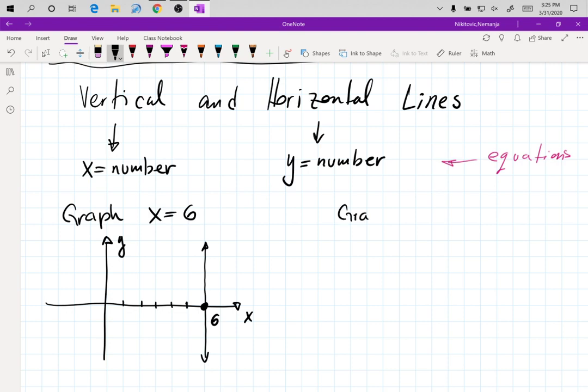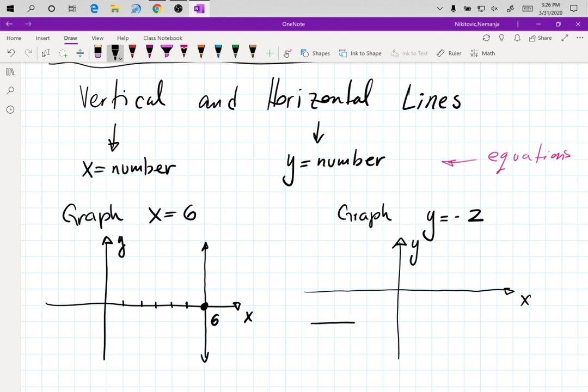If you need to graph, let's say y equals -2, then we are going to do this. So this is our x and y coordinate system. And now we draw the y equals -2 line going through -2. It's a horizontal line. This is what vertical and horizontal lines are.